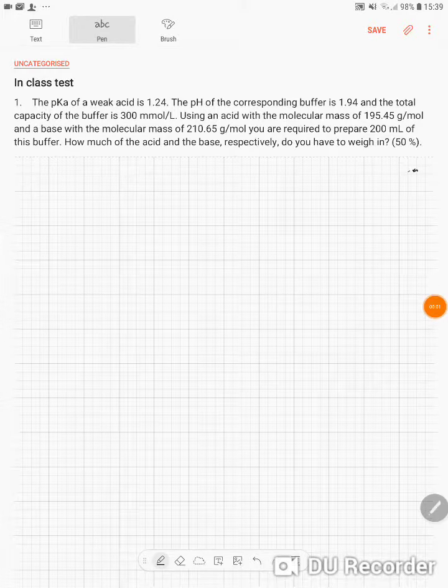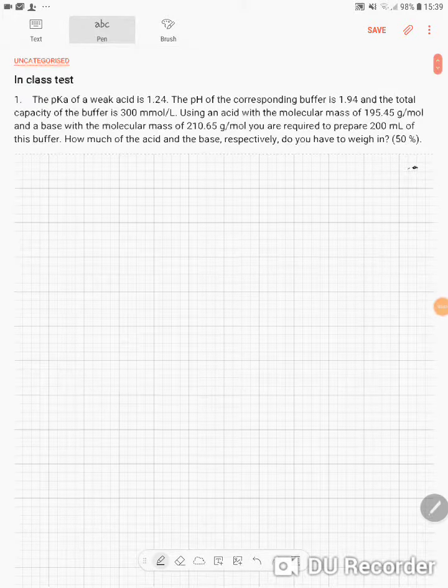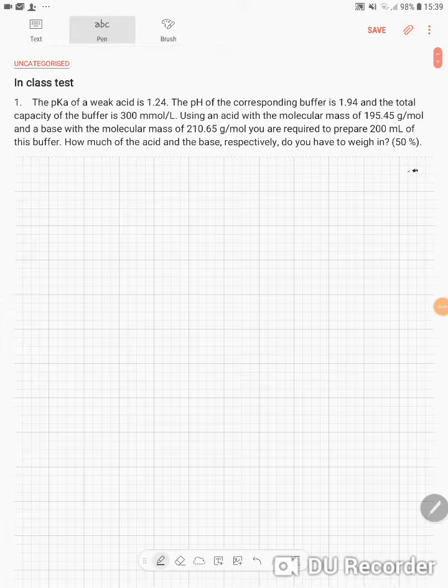In this question, we have been given a pKa, that's this one here, and a pH of 1.94, and we are now required to make up a buffer.